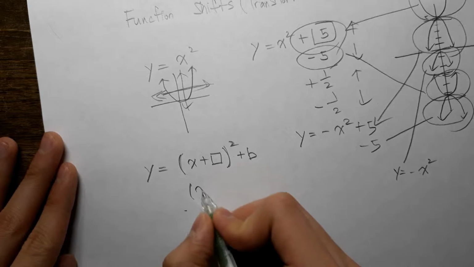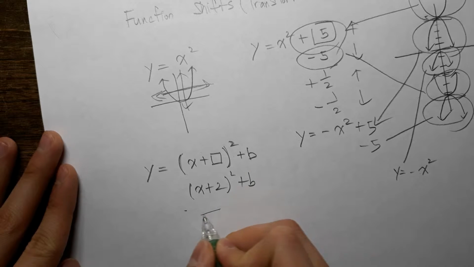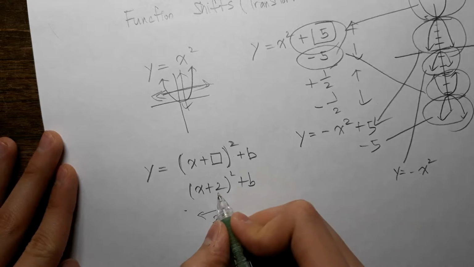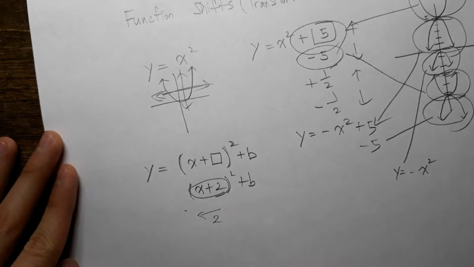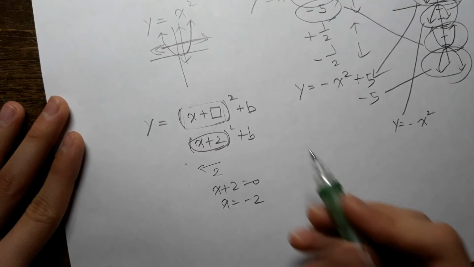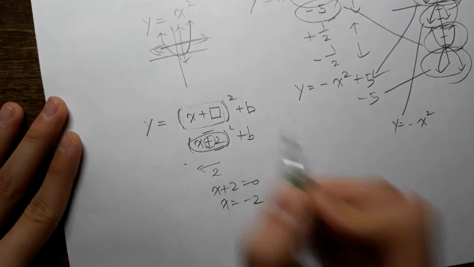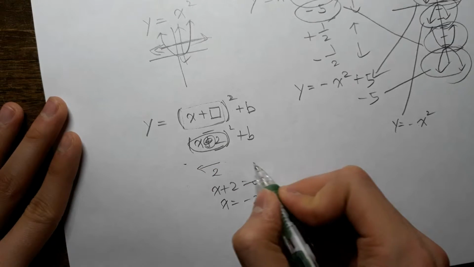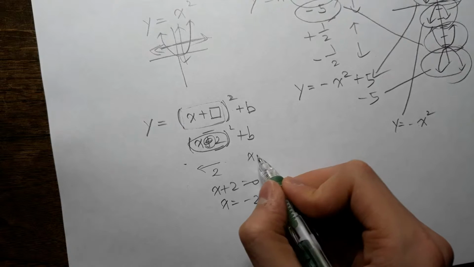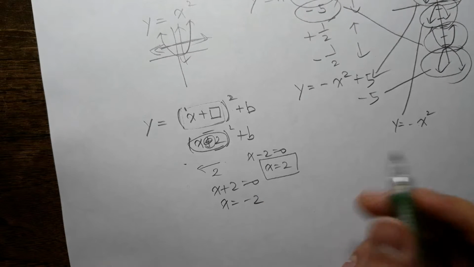So if that is 2, it means you have to go left 2 spaces, because in order to make this 0, x would equal minus 2. And the opposite way, if this was negative, it'll go right 2 spaces.